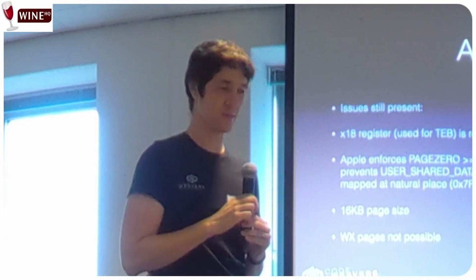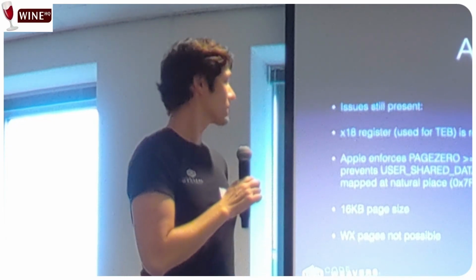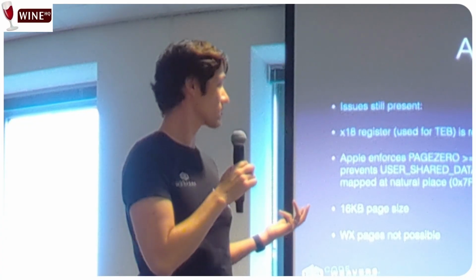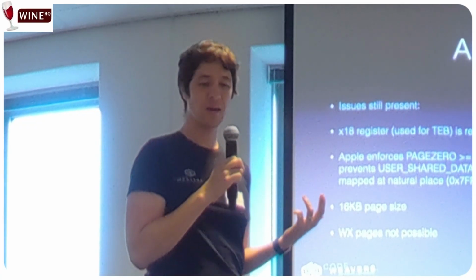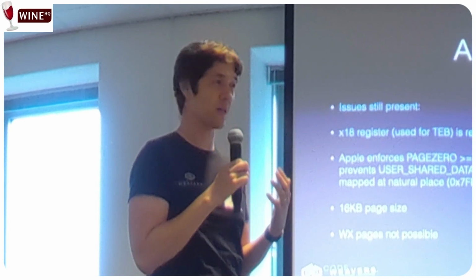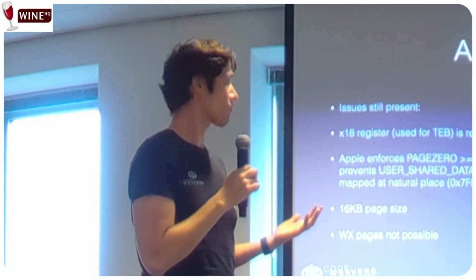So how's ARM64 Wine? Three years ago, I kind of listed the known issues. Unfortunately, I don't have really much to report. The issues we know about: the x18 register, Windows uses it for the TEB. macOS reserves it, and the kernel is able to clear it at any point.